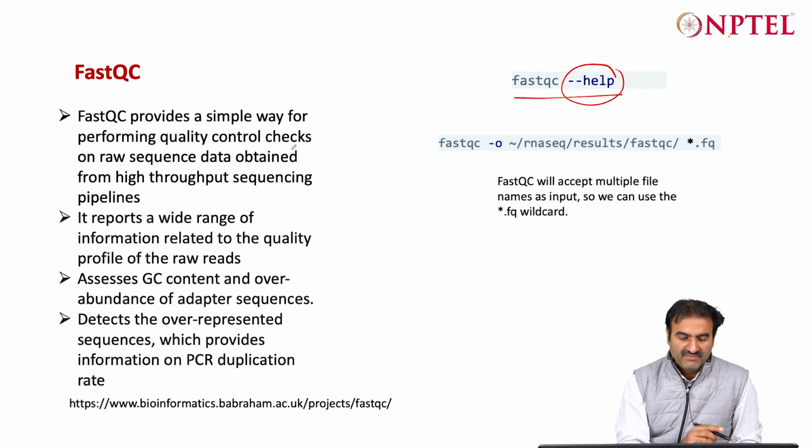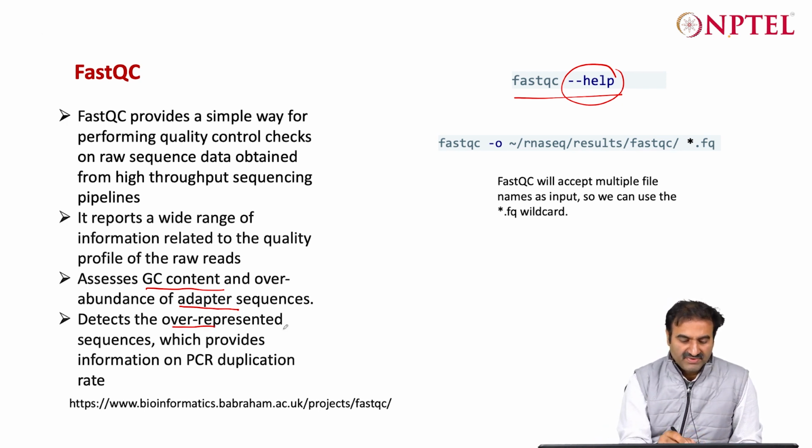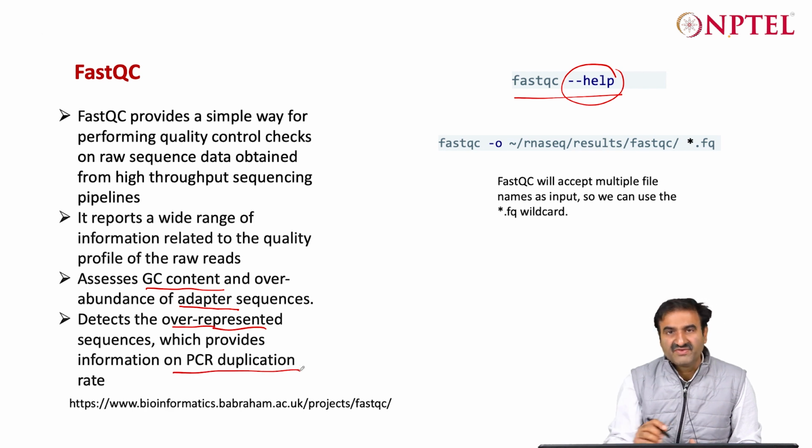Okay, and it will tell you what the GC content of your sequence is, whether it has adapters or not, and how many sequences have adapters, and it also detects overrepresented sequences, which may result from PCR duplication.